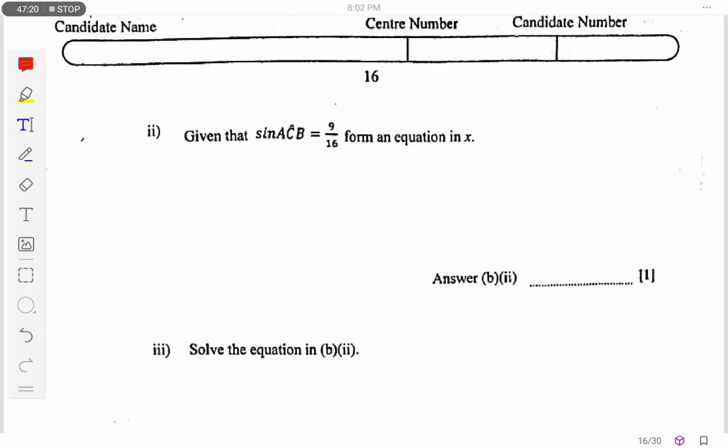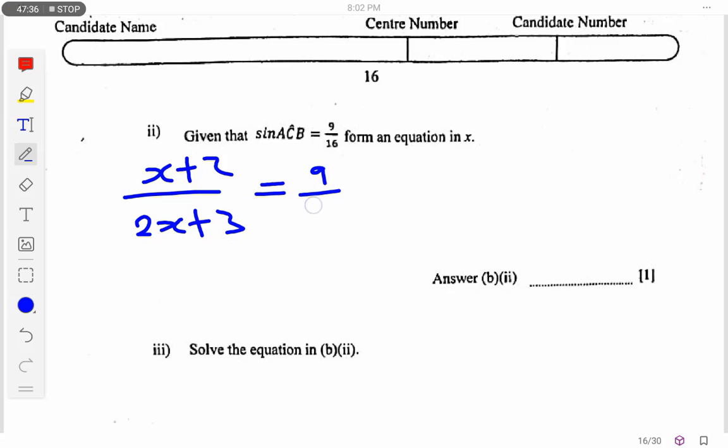Given that sine ACB, the one that we just calculated, is equal to that. Okay, fine. Then they want us to form an equation. So we can just say we found x plus 2 over 2x plus 3 is now equal to 9 over 16. Okay, so basically form an equation in x.